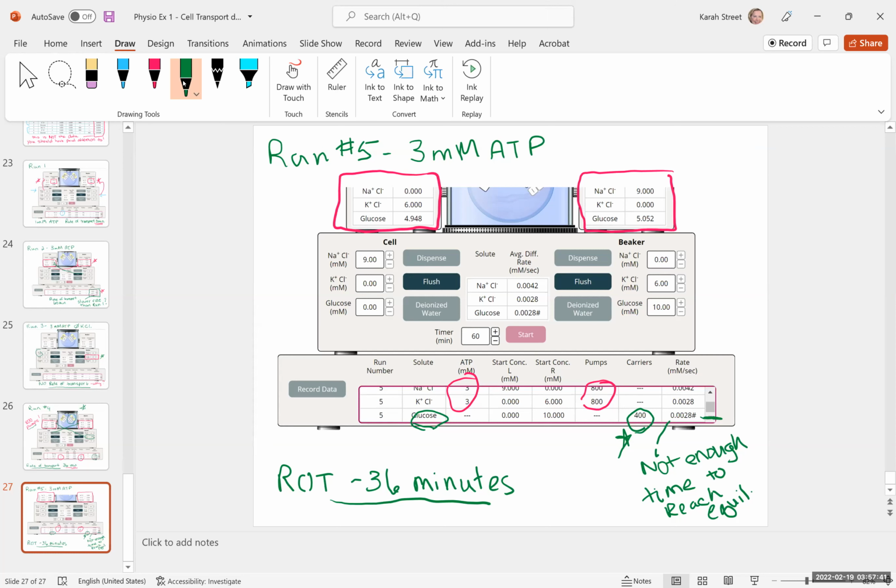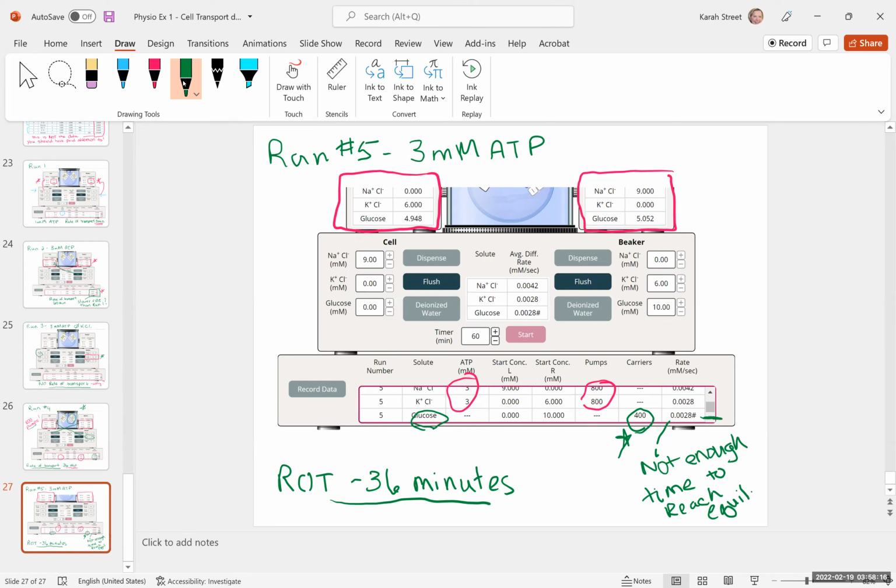Now, the important part on this was to show that glucose in the mix did not impair the sodium potassium ATPase. Notice the rate of transport for the sodium and potassium was still 36 minutes, the same that we saw in run number 4. What does this mean? Glucose does not compete for the pumps, and the sodium and potassium did not compete for the glucose carriers.